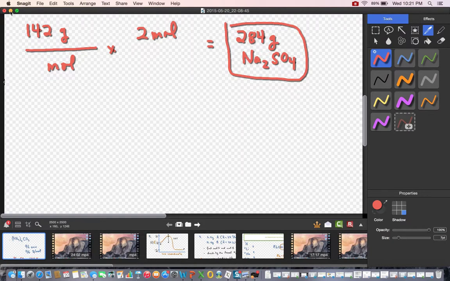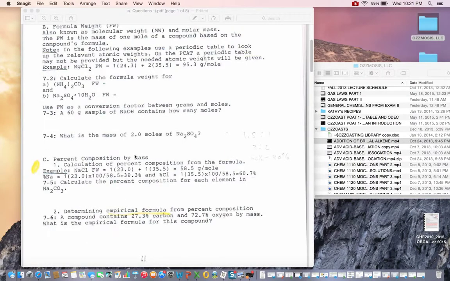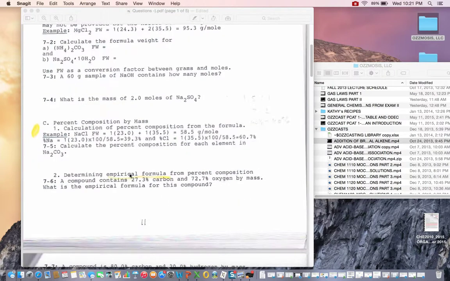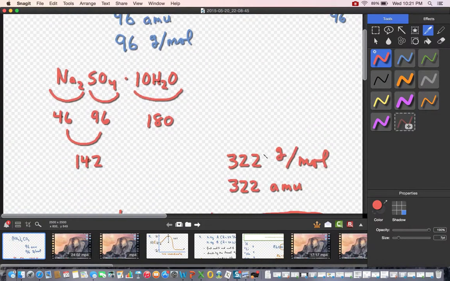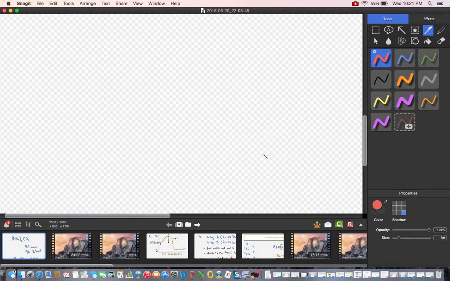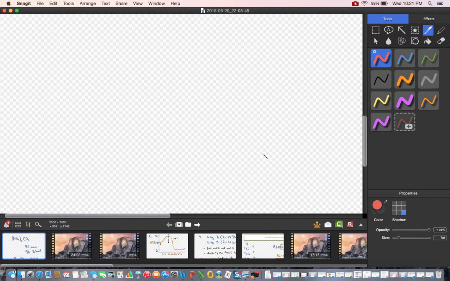Okay, so let's go back to the next set of questions. Let's look at a percent composition problem, for instance, the percent composition of NaCl. What makes this problem interesting is you need to be able to estimate the mathematics.